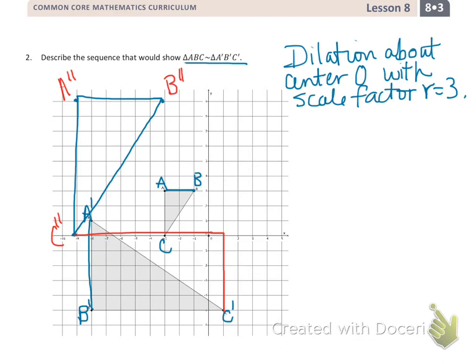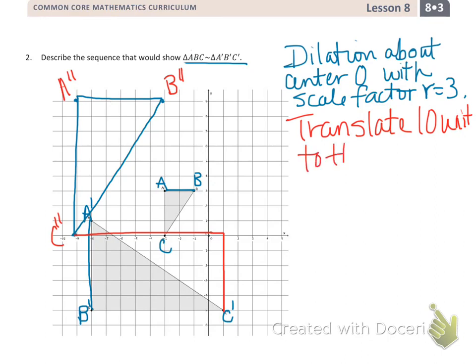But to define this, if I take this triangle and translate it, I can translate 10 units to the right, and I have to look at how far I go down, 1, 2, 3, 4, and 5 units down.